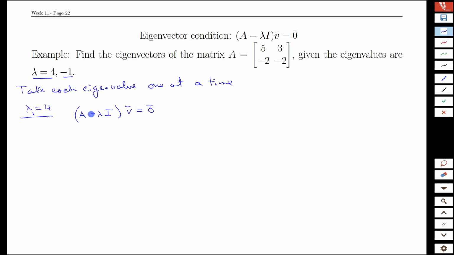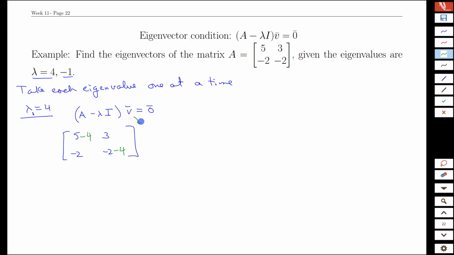And we know all of this now. Remember, if lambda's 4, we know A, we can write that out actually. It's going to be 5, 3, minus 2, minus 2. I'm going to do this again in gruesome detail. You can take some shortcuts. You can do this in your head if you like, but I just want to make it clear what this minus lambda I is doing. If lambda is 4, we're going to subtract specifically 4 down the diagonal for each of these things.